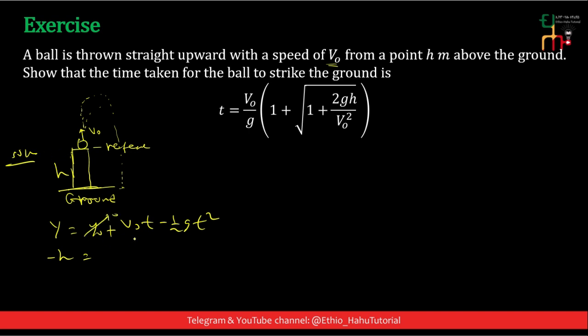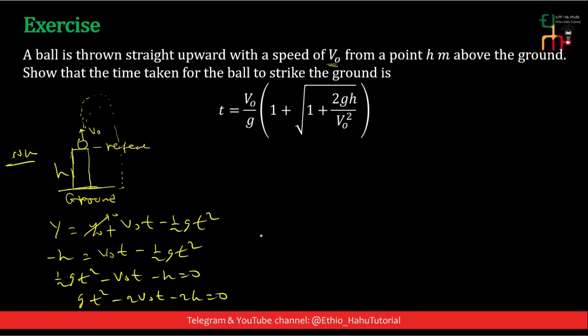So -h = v0 t - (1/2) g t^2. Let's bring -(1/2) g t^2 and v0 t to the left: (1/2) g t^2 - v0 t - h = 0. Multiplying both sides by 2, g t^2 - 2 v0 t - 2h = 0.